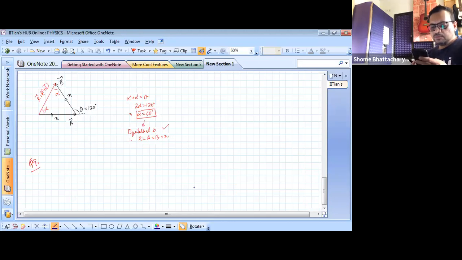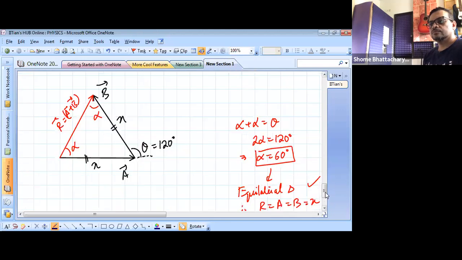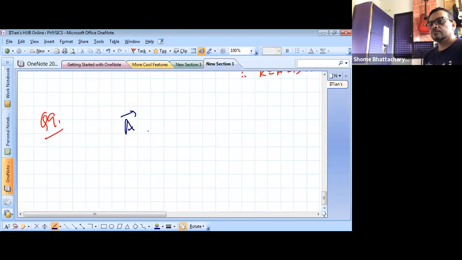So question 9 is a little bit about inequality. Let's understand this. It says that two vectors A and B are at an angle of 45 degrees. Then which of the following is correct? So vectors A and B are at 45 degrees to each other. Then what can we say about the magnitude of A plus B?